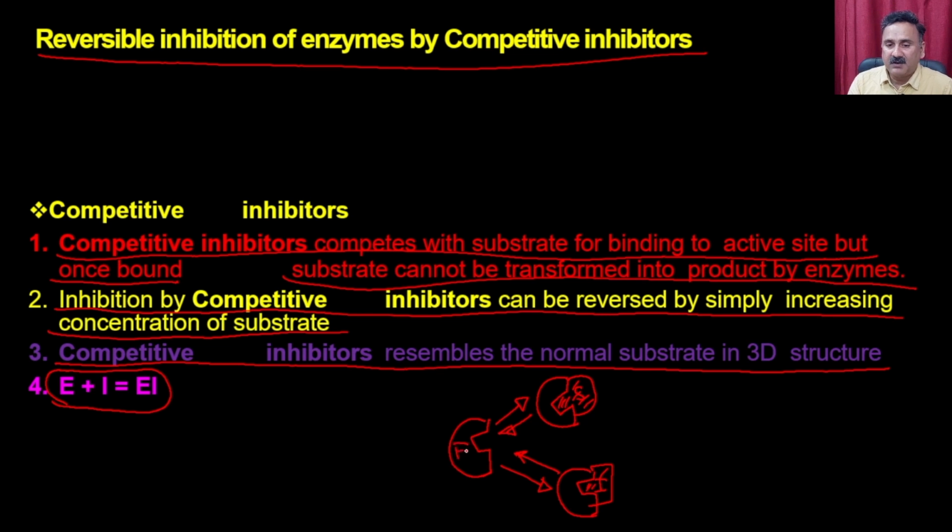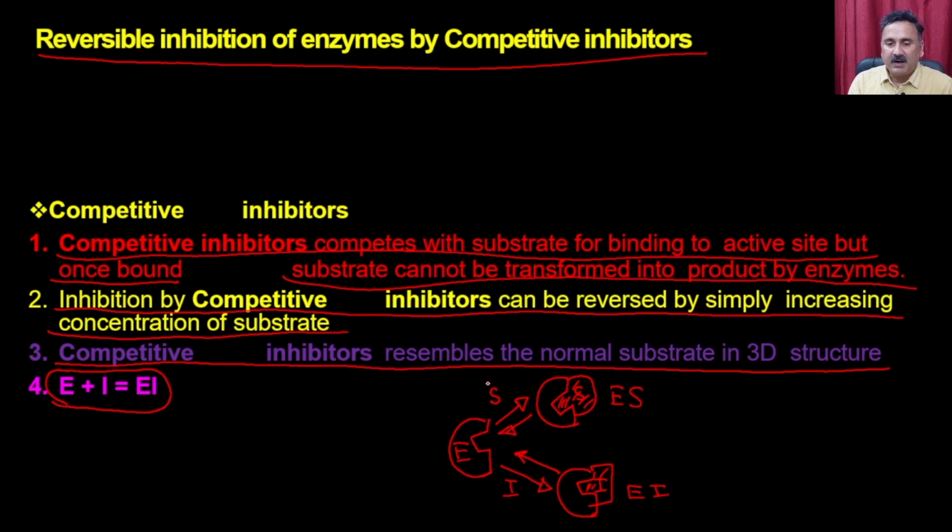So this is the enzyme. It is forming a complex with substrate, and it is forming an ES complex or EI complex. And all of these are concentration driven, and that's why it says that inhibition by the competitive inhibitor can be reversed by simply increasing the concentration of the substrate. So for example, when you add the substrate, it is forming the ES complex. When you add the inhibitor, it is forming the EI complex.